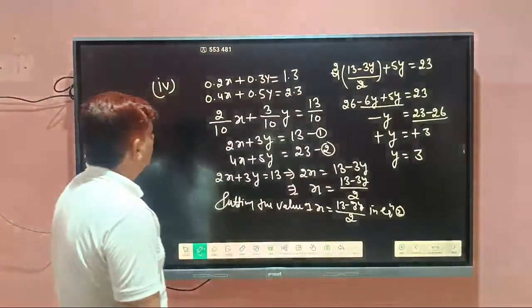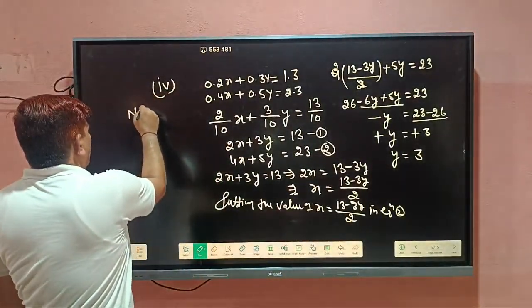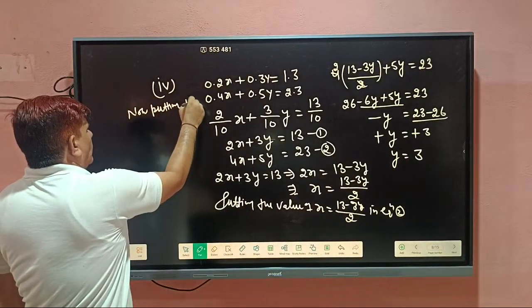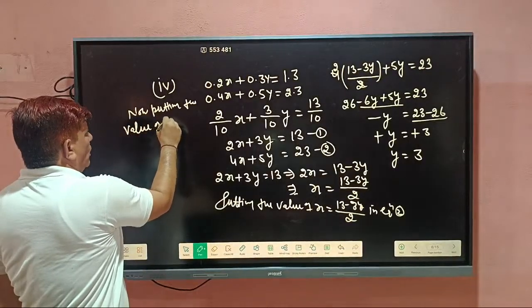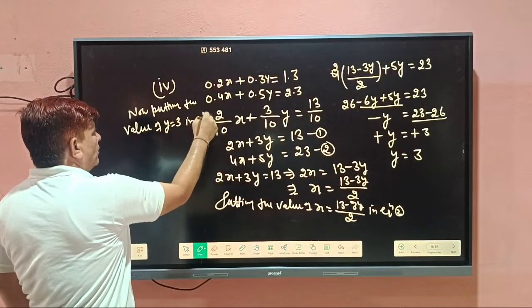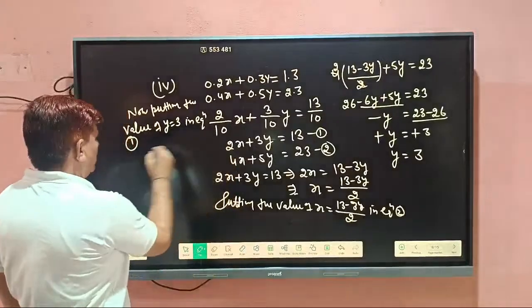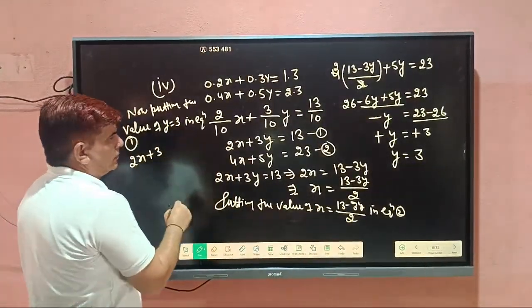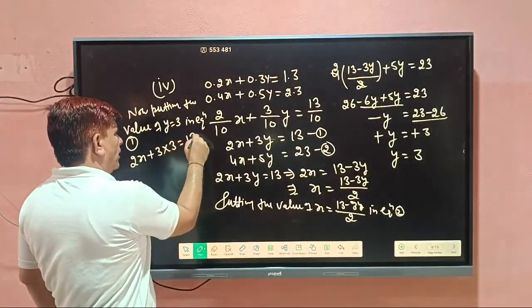Now what can you do? Putting the value of y equal to 3 in the first equation, which is 2x plus 3y equal to 13.